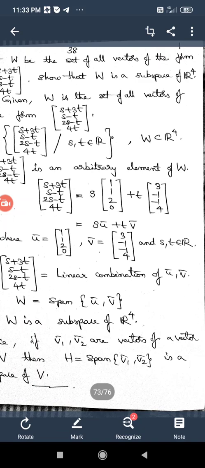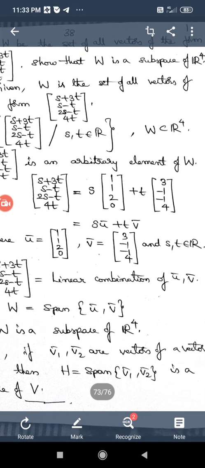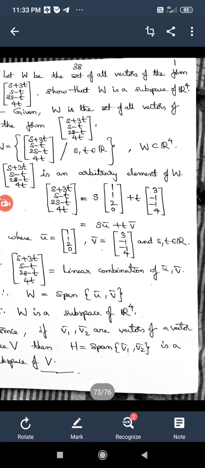So the arbitrary element (s + 3t, s - t, 2s - t, 4t) is now a linear combination of u bar comma v bar, as it is expressed as s u bar plus t v bar above, as s comma t are variable values taken from the set R.